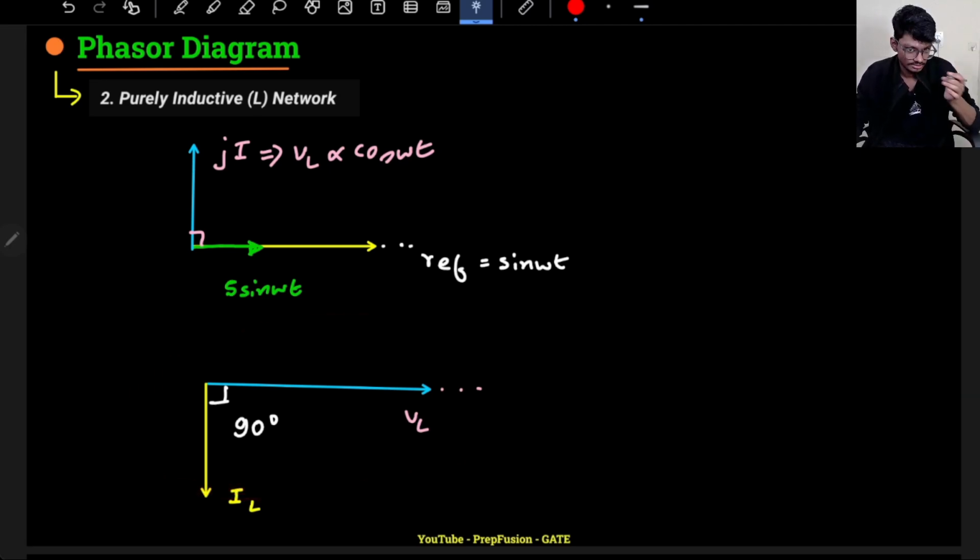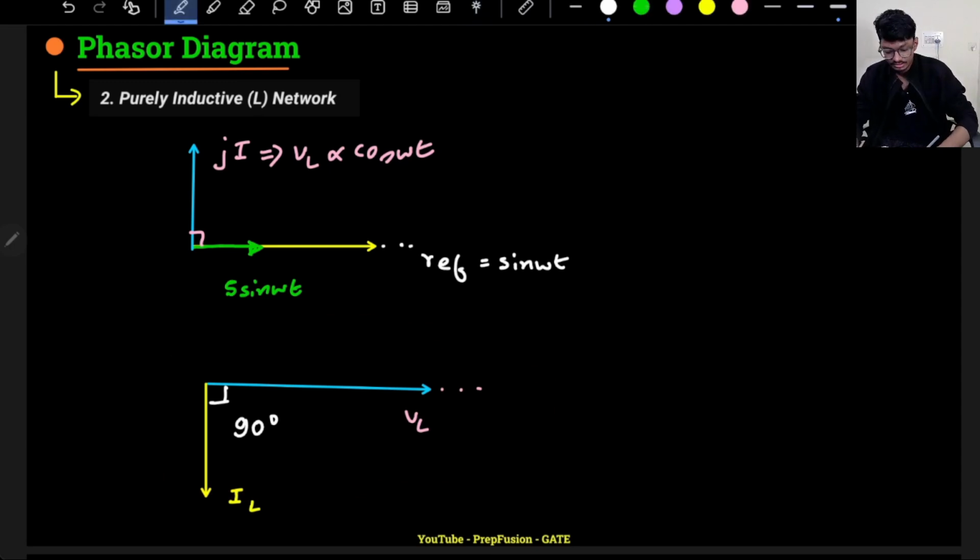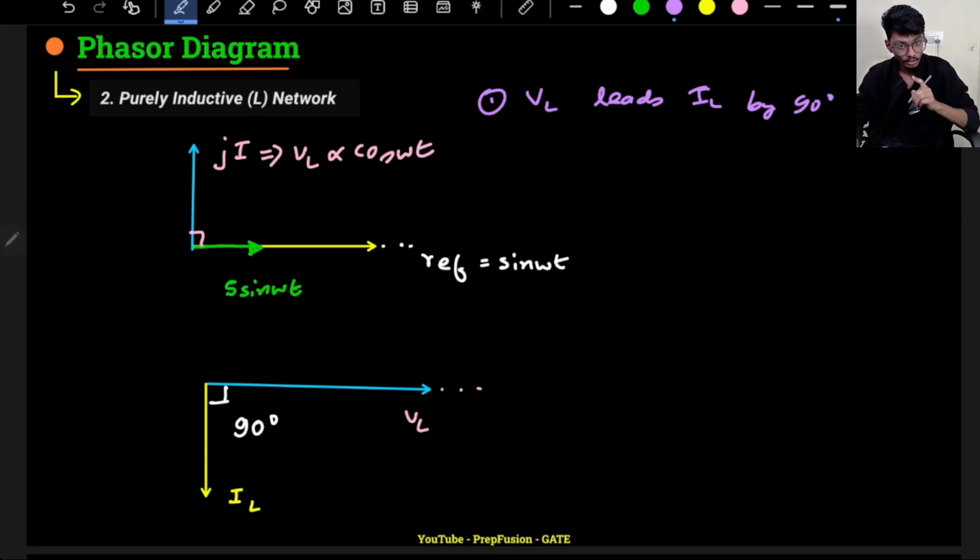So there are two ways to write. The first way is that V_L leads I_L by 90 degrees. Or you can write the second way, that I_L lags V_L by 90 degrees.